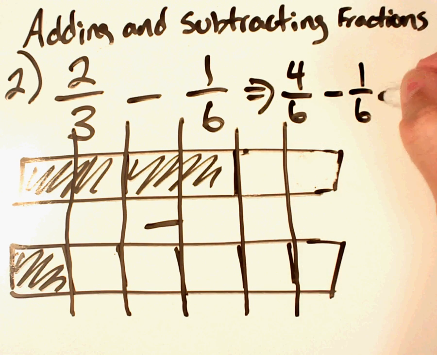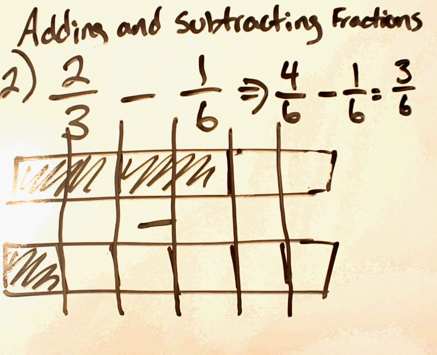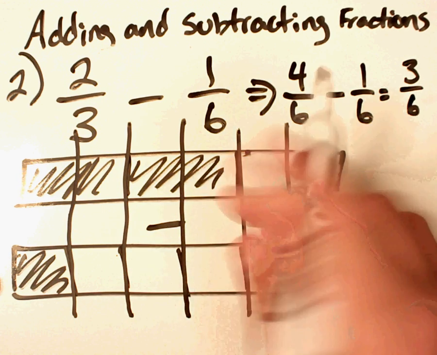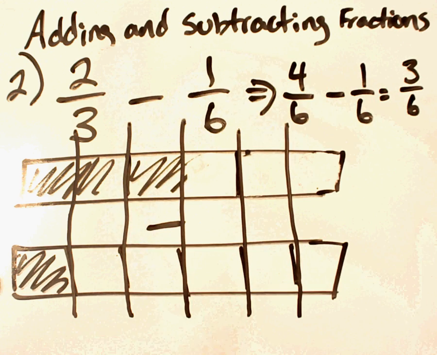And so what I end up with, if I just do the math first, is 3 over 6. Now if I look at my model here, I've got 1/6 that I'm taking away. So I'm just going to take away 1/6 from the top, and I would get 1, 2, 3 out of 6.